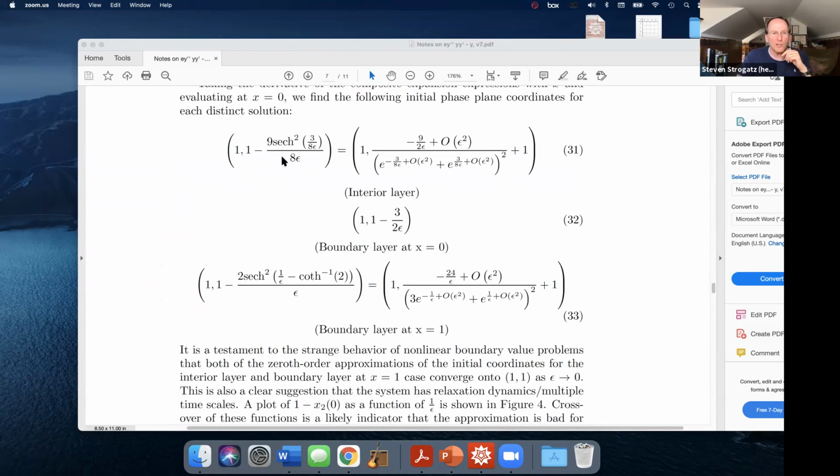He could estimate to lowest order what the initial slope would have to be in order to get these desired solutions. And it's a little hard to see. This one ends up having a slope that goes to negative infinity as epsilon goes to 0. That's pretty clear. But these have slopes that are very close to 1, and they differ from 1 by transcendentally small terms. But you can calculate them according to this.